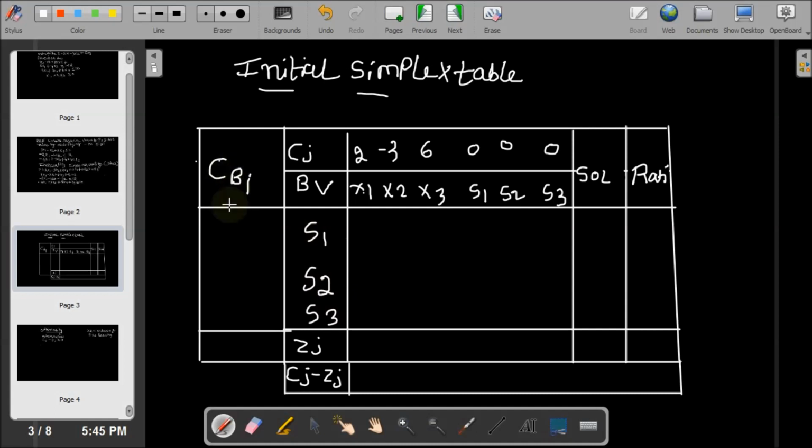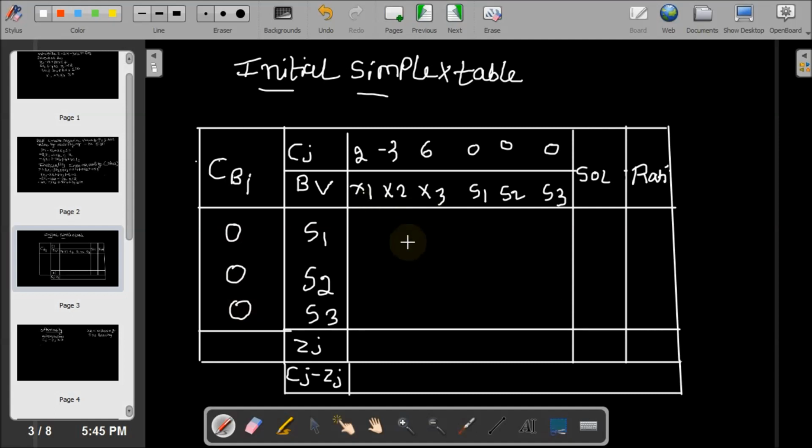This is cost, right? What is the cost of s1, s2, s3? 0. Initially the cost of s1, s2, s3 will be 0. Right? Getting, guys? Now, how to write the values that are inside the table?